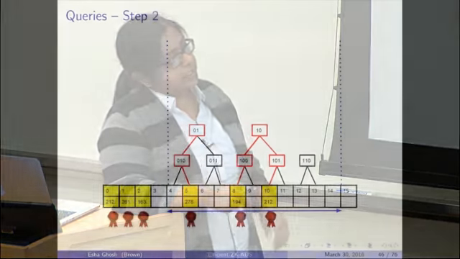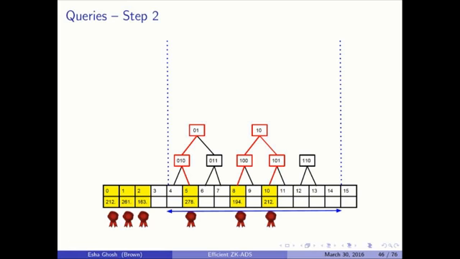Of course, given a tree and a range, this covering is unique. So in this example, if 4 to 14 is my queried range, this is the canonical covering, the roots of this forest basically, this one and this one and this one.